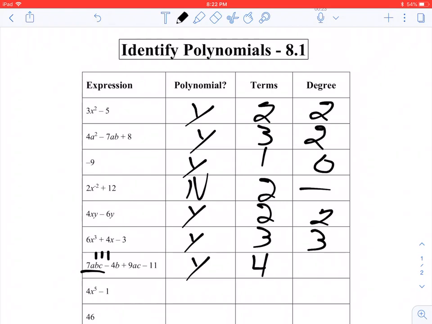Now in this second term, the b is to the first, and this third term, a and c are both to the first power. So there's a lot of first powers floating around there. Now what you have to do is count up the total amount of powers within each individual term. In this case, the first term has 3. When you add 1 plus 1 plus 1 is 3, and that's going to be the highest one. So the degree of the polynomial is 3.